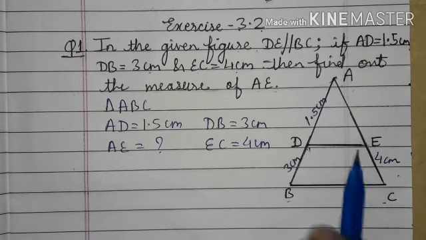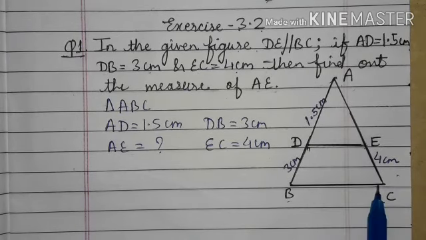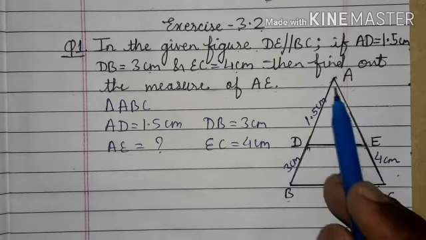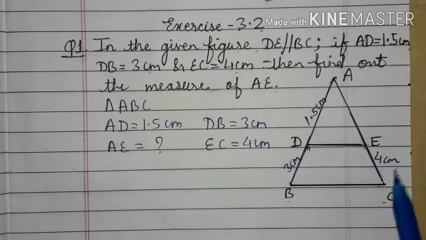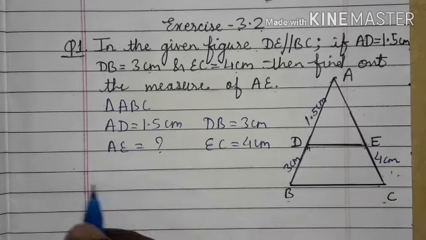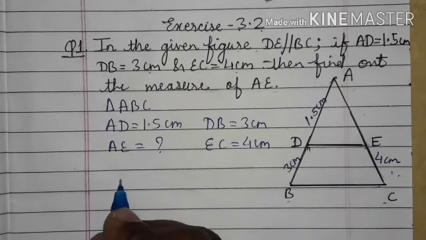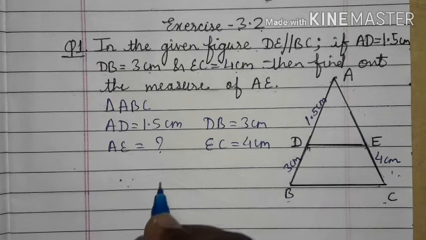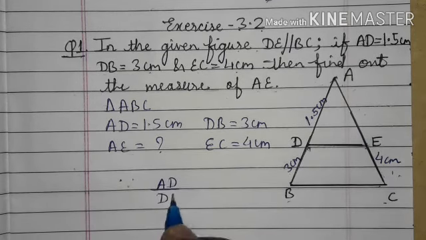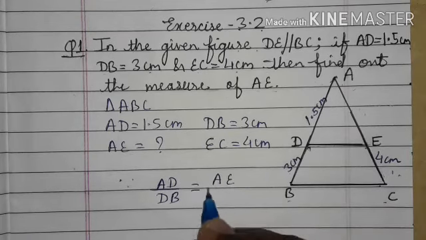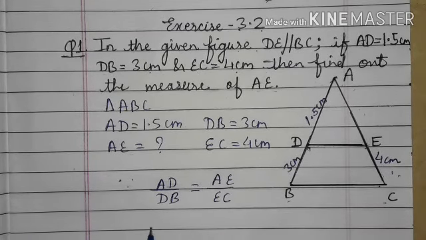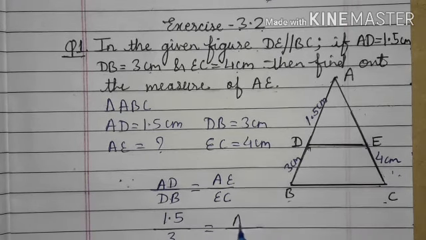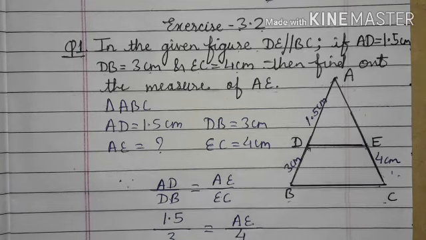Just now we have done that the line parallel to one side of a triangle divides the other two sides into equal ratio. It means their ratios are equal. So we can say AD upon DB is equal to AE upon EC. Put the values: AD is 1.5, DB is 3, AE we have to find, EC is 4.